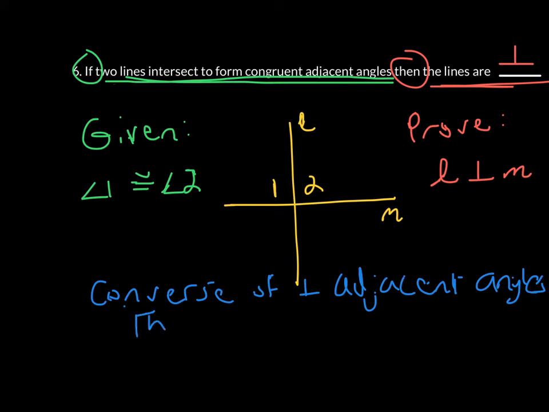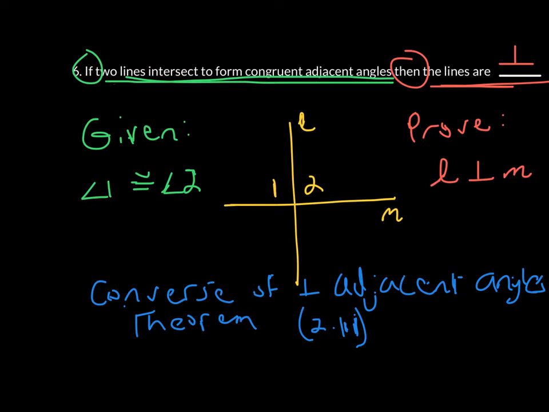I realize this isn't totally neat. Sorry guys, I'm working on my iPad, so hopefully you can make out what I'm saying. Converse of perpendicular adjacent angles theorem. In your textbook, that does have a number. That is theorem 2.11, which is the same one I gave you for the non-converse. Your book does put it all together, so theorem 2.11.